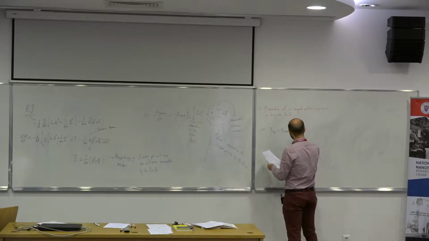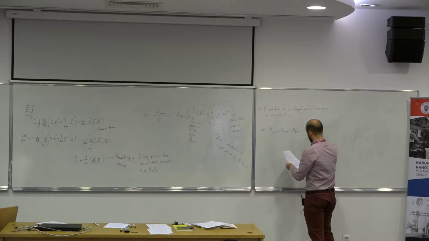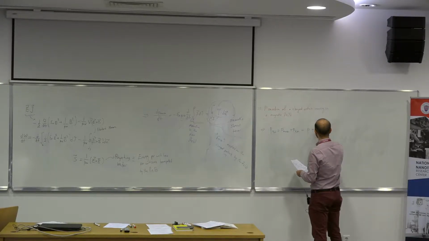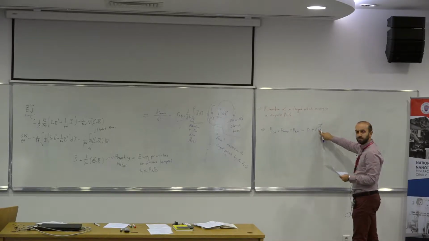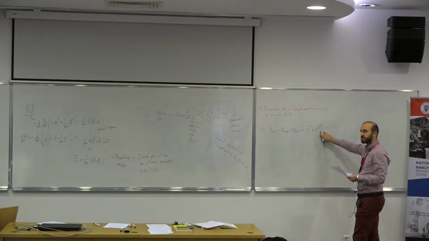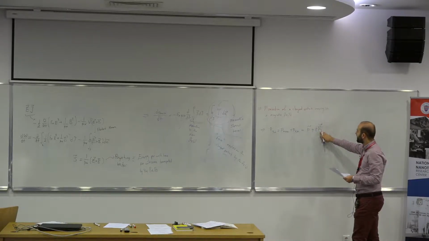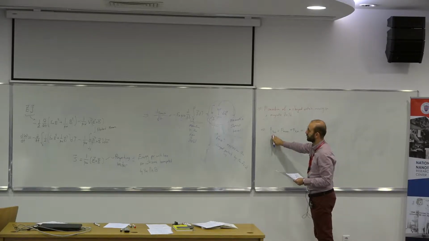It turns out that I have P, the mechanical part, plus the charge of the particle, of course this is a vector, times the vector potential to be the P total.